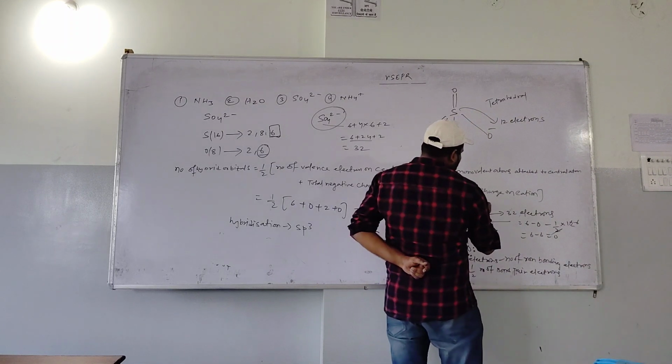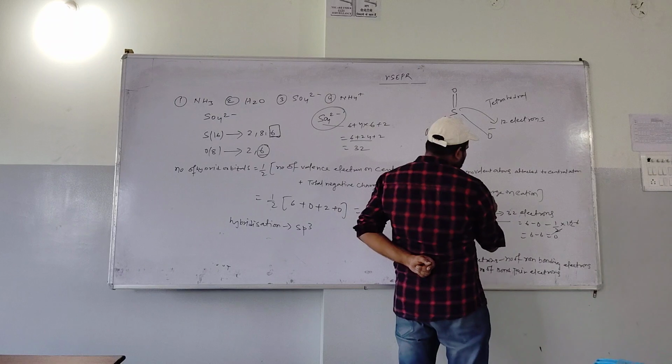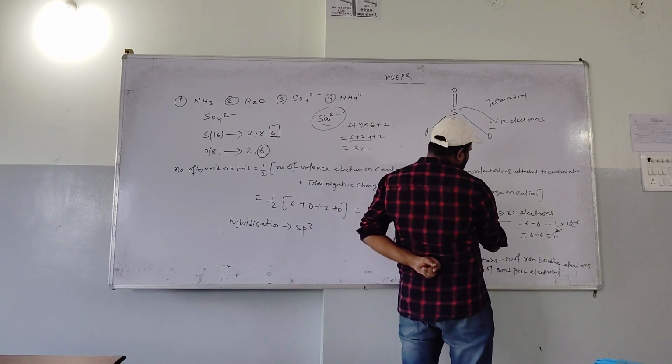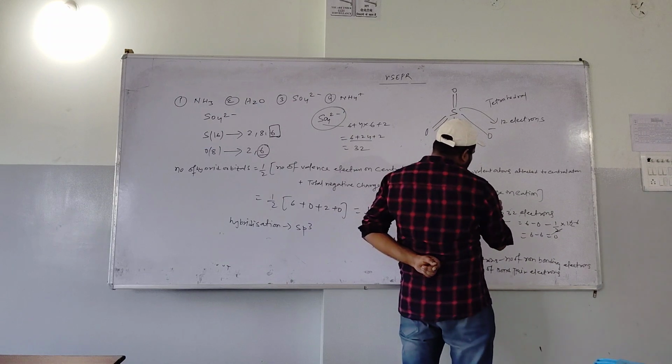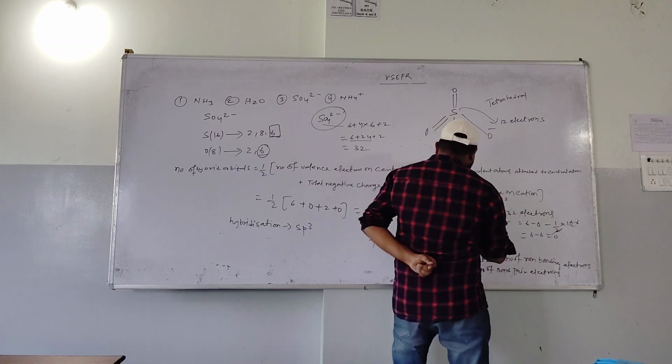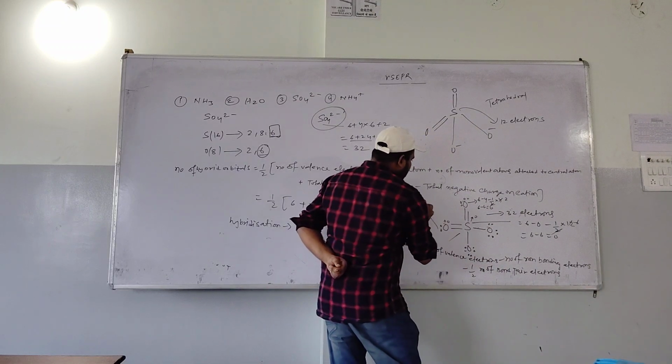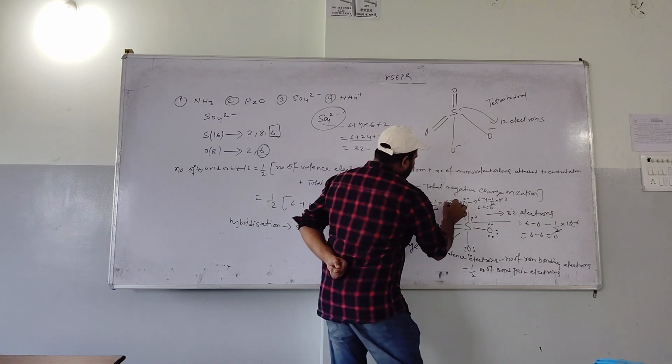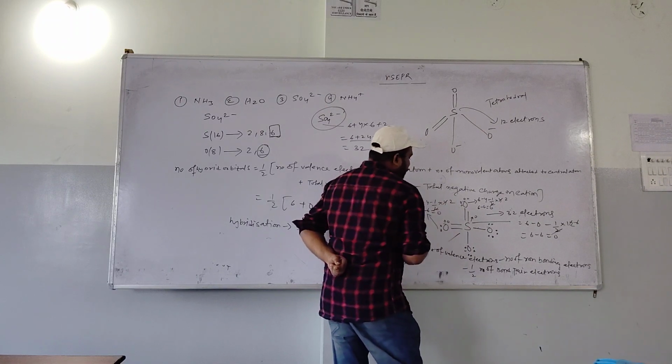Now talk about the formal charge of that oxygen atom. Oxygen atom valence electrons 6, number of non-bonding electrons is 4, number of bonding electrons is 4. So 6 minus 4 minus 1/2 of 4, 6 minus 6 equals 0. This oxygen atom also has the same configuration, so it also has formal charge 0.